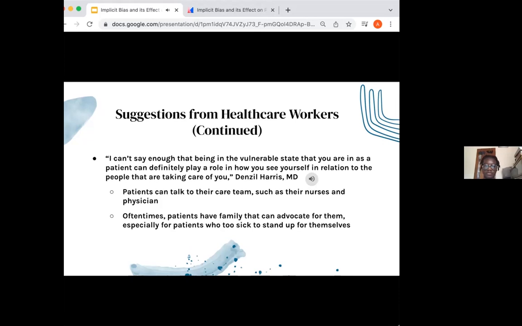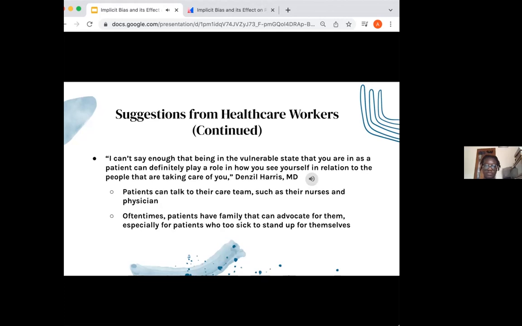But I think first things first, patients can say something directly to their care teams, whether it's directly to the nurse, to their physician, to whoever is interacting with them, just saying, hey, I had a not good experience or a negative encounter with someone, which would then allow for a conversation to be had about what they experienced and what could be done about that.